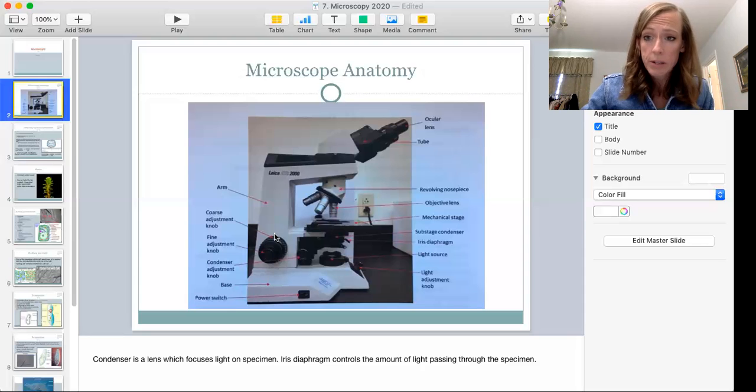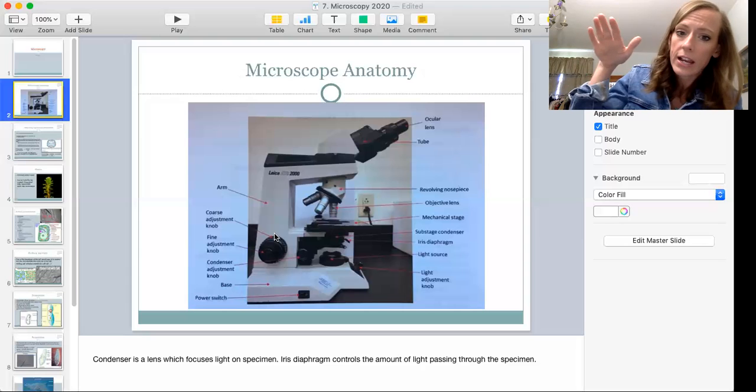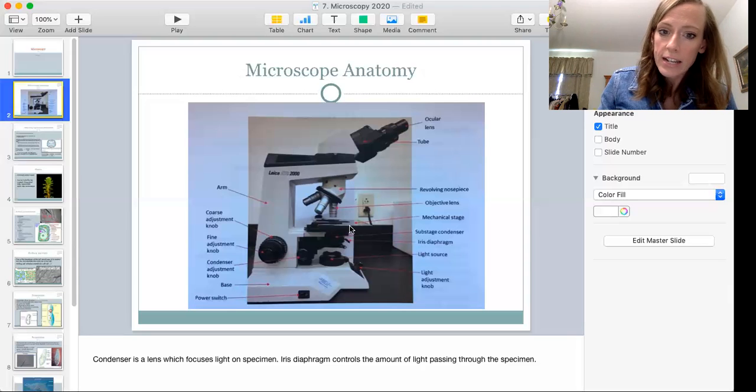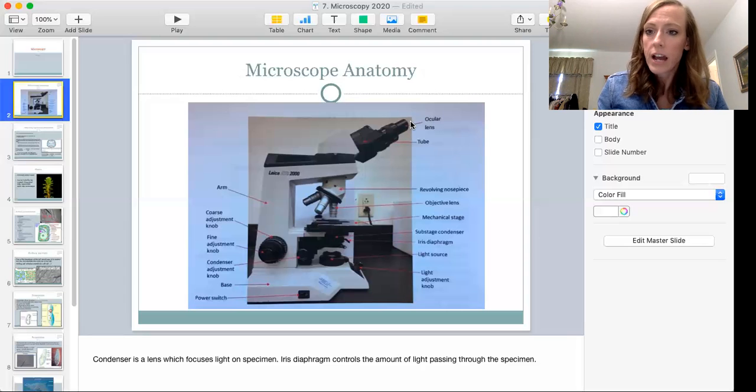I'll mention also that when you put your slide on the stage, if you were to adjust the coarse adjustment knob down so that it is pressing against your slide, you can actually crack the slide if you're too rough. So what I always recommend to students is that when they're first bringing the stage and the objective lenses together with the coarse adjustment knob, you don't look through the eyepiece.